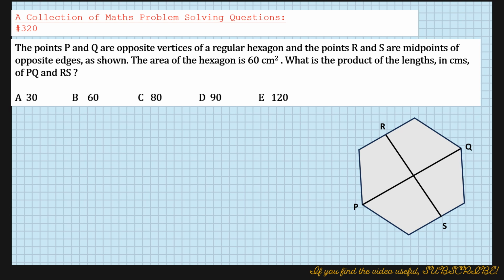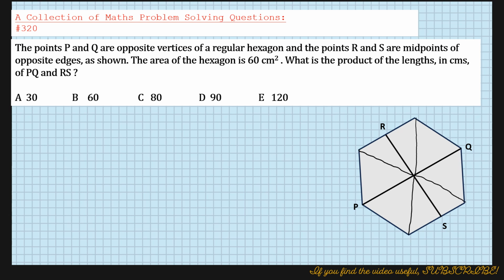So we can start by joining the vertices so that we have divided the hexagon into 6 equal regions. Because P and Q are already joined, we will join the other vertices.